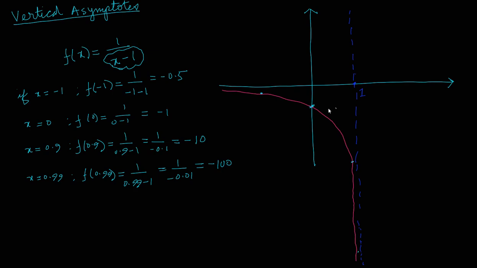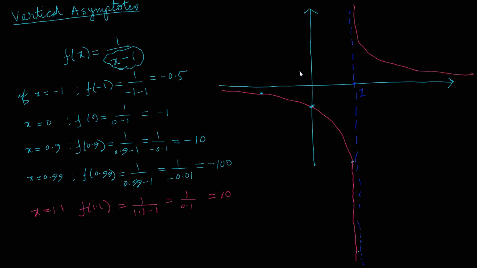Similarly, if I put in x equal to 1.1, I get function of 1.1 equals 1 over 1.1 minus 1, which is 1 over 0.1, which is this time positive 10. So positive 10 is somewhere here, and if you plot the other points, you are going to find a graph something like that.